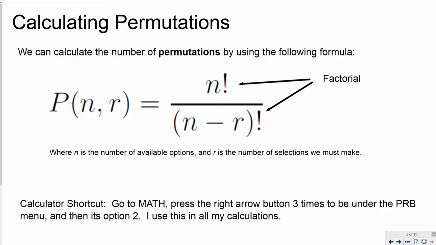On your calculator, you can go to the math menu, press the right arrow button 3 times to be under the PRB probability menu, and then use option 2. I use this calculator shortcut in all of my calculations. Alternatively, you can use the factorial button found in the same menu to do the same calculations.